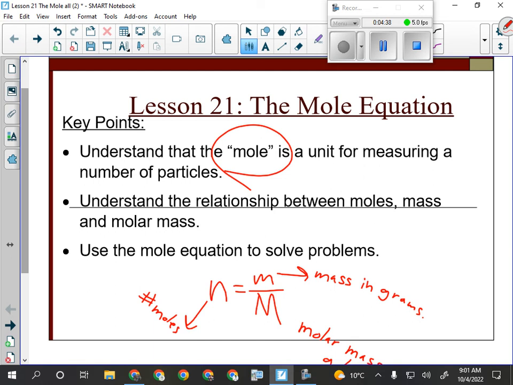The reason is because the mole actually refers to the number of individual particles that we might have in a pile or a sample of a material. Okay? If I just measure its mass in grams, that's all well and good. It tells me the mass, but it doesn't really tell me how much or how many particles there would be. The mole can more directly do that.